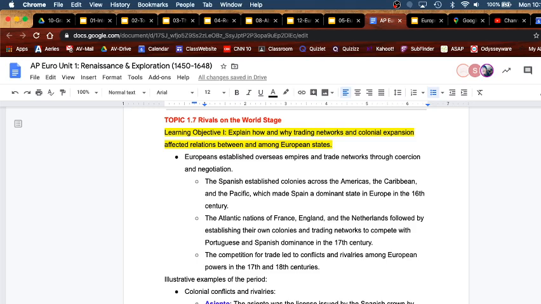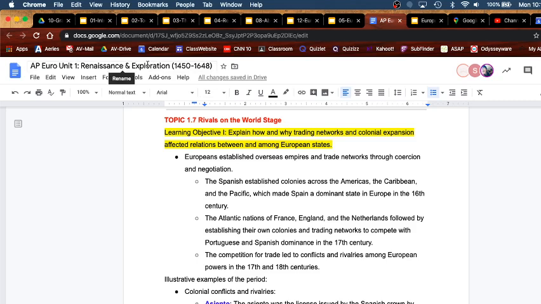And we're currently going over Unit 1 on the Renaissance and Exploration, covering the first time period from 1450 to 1648. Topic 1.7, Rivals on the World Stage. And this, of course, is going to talk all about exploration.